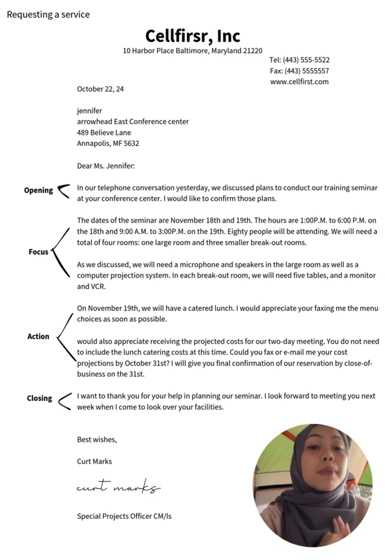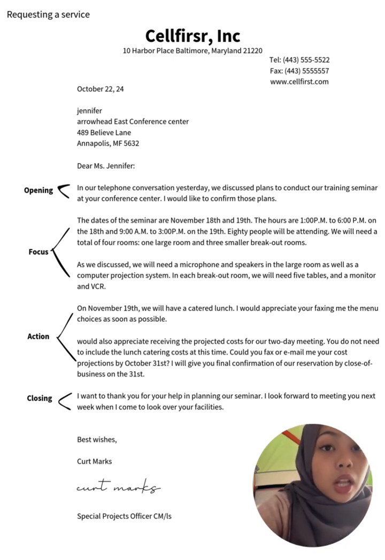Again, it is important to be specific. Okay, and the last one is closing. In the closing, you can mention some further communication, like a phone call, a meeting, a fax, a letter, or an email.